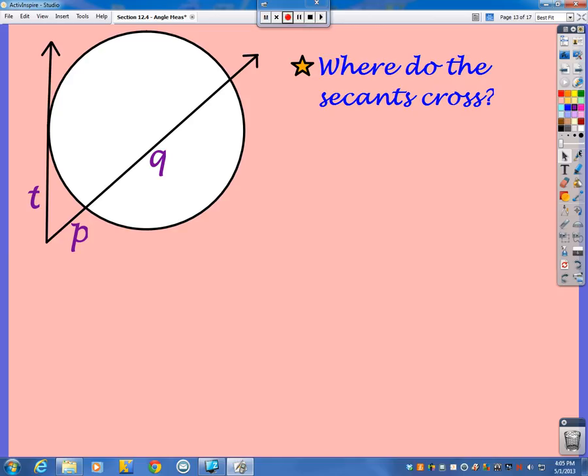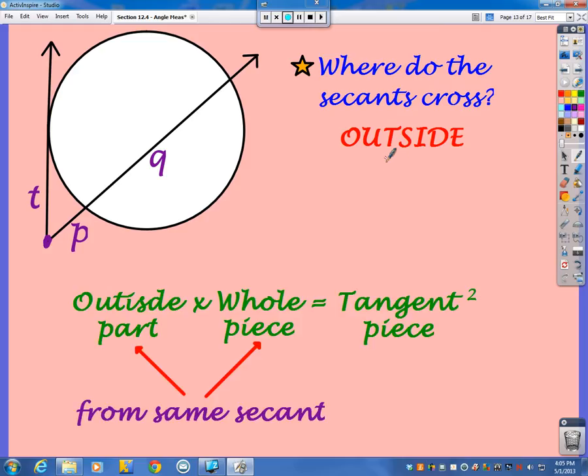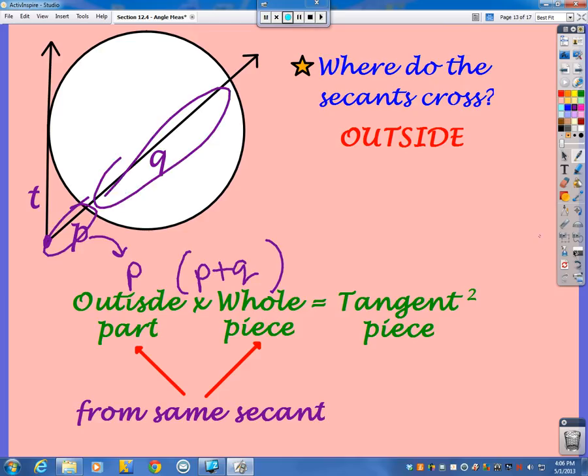Now we do have a special case where maybe they do cross on the outside, but one of our pieces is instead a tangent instead of a secant. Well, we're still going to use technically the same formula: outside times whole equals outside times whole. So this piece might be this P right here. The whole piece would be P plus Q. There's P, there's Q, so that's the whole thing.